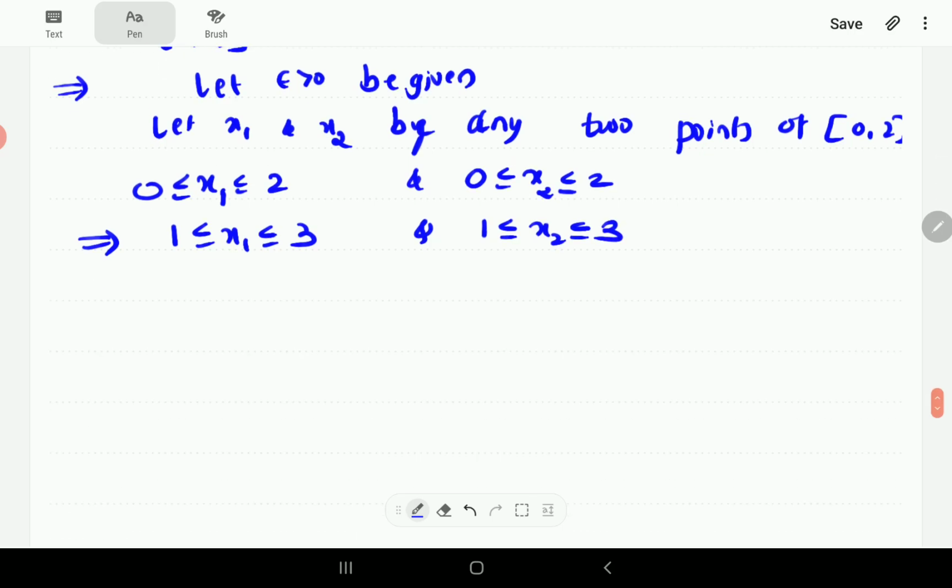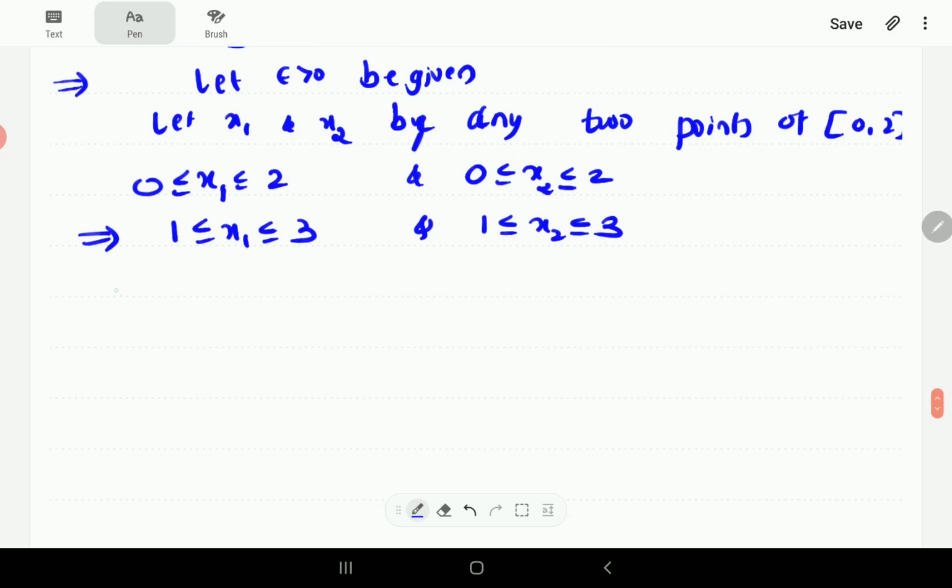So what happens is, I'm adding 1 throughout, so let me add it here also. Now the modulus of x1 plus 1 is greater than or equal to 1, because it lies between 1 and 3, which means it is greater than or equal to 1.